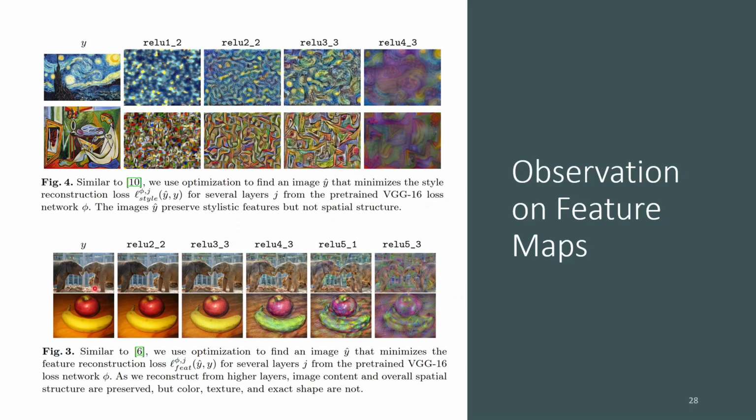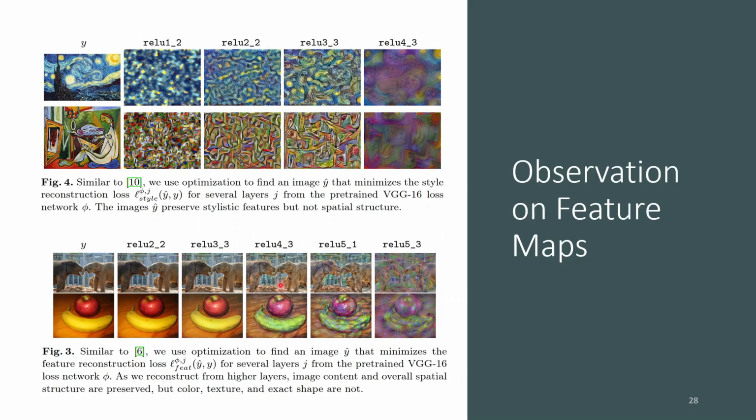So this is another example. There are two elephants, right? When they observe ReLU 2_2, ReLU 3_3, and ReLU 4_3, they see the shape or the structure of the two elephants gradually disappear.